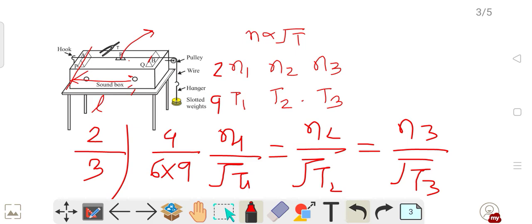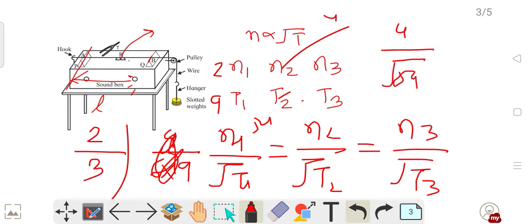If T2 is root 54, then 4 upon root 54 is root 9 into root 6. So that will not give me 2 upon 3.